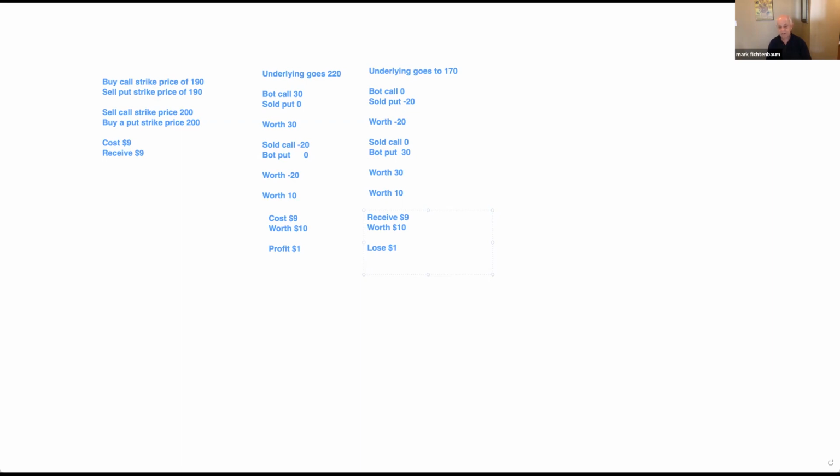That $1 is the equivalent of interest expense, but it's not going to be treated as interest expense for tax purposes. This is a transaction in puts and calls. That $1 loss is going to end up being a capital loss. And I think that this one is really the more interesting one. This is where I think you can do some really good tax planning for clients.